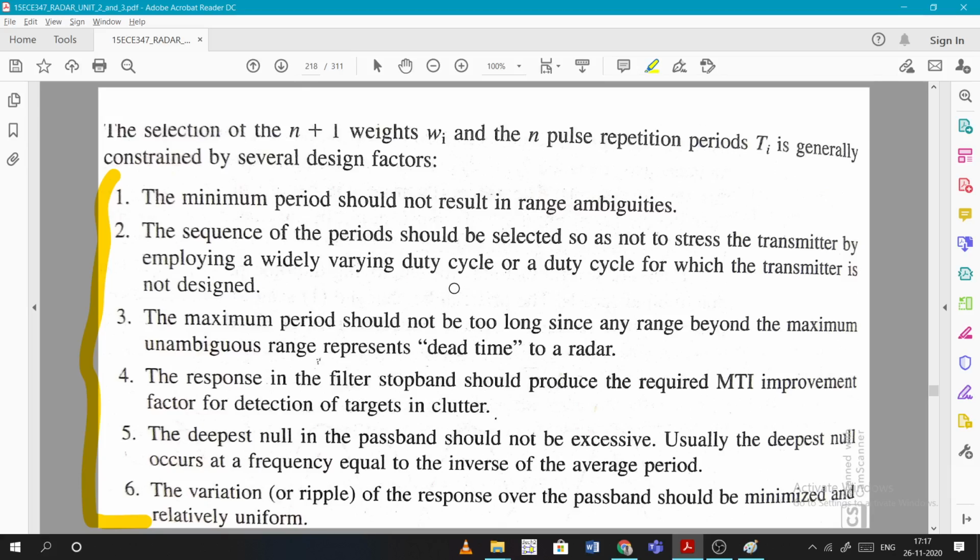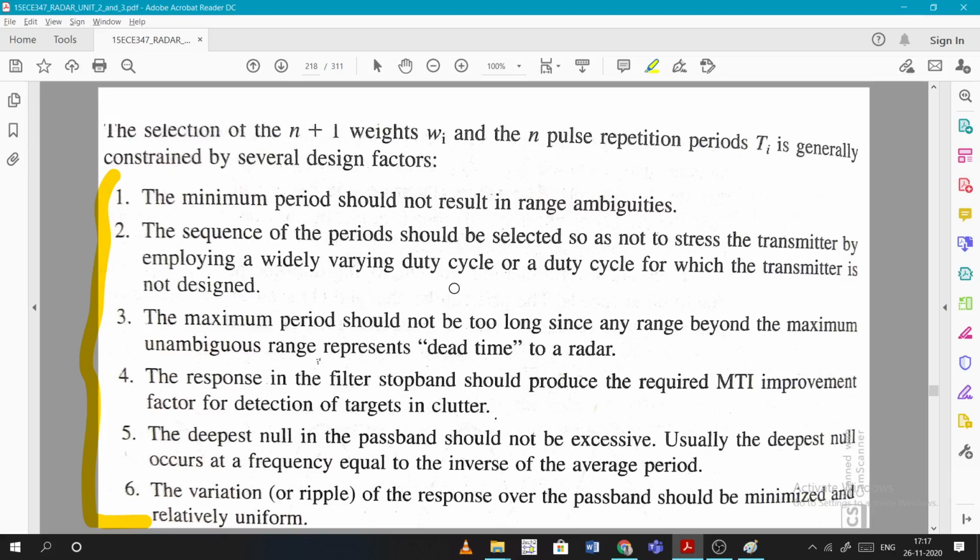Now, the maximum period should not be long, since any range beyond the maximum ambiguous range can't be detected. So that's why the period should not be too long, and if it is too long, we can't detect the targets.